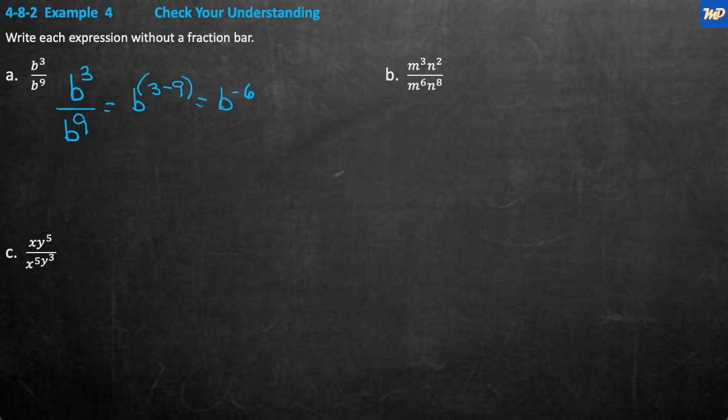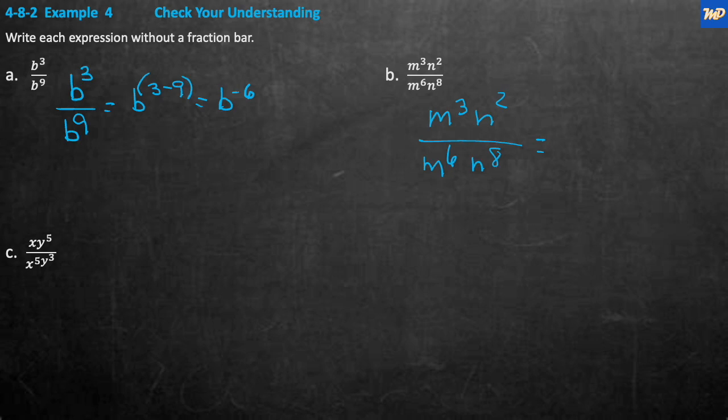Let's go to this problem b. We have m cubed n squared over m to the 6th n to the 8th. So what does that equal?